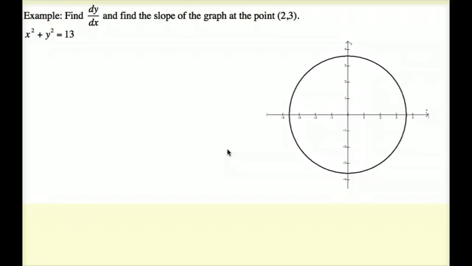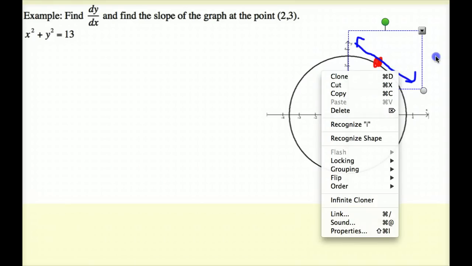So we're going to take a look specifically at (2, 3), which is this point on the curve, right? And it says I want to find the slope of this graph. So what we're trying to do is use calculus to find the slope at exactly this point, okay? So we want to know exactly where this line is hitting the curve.